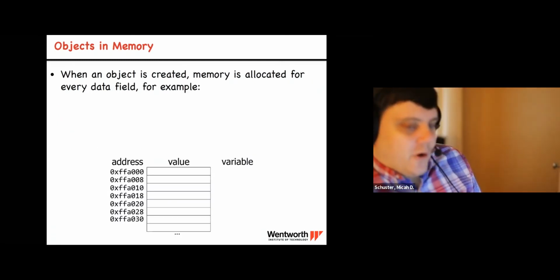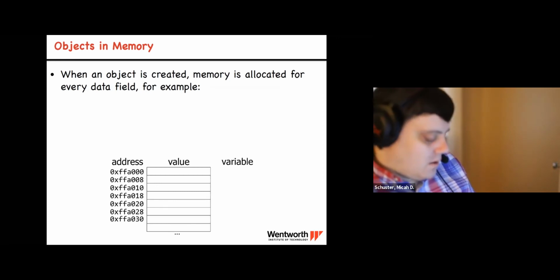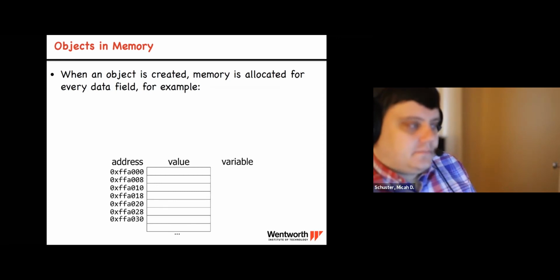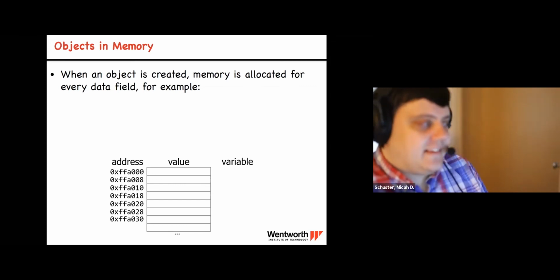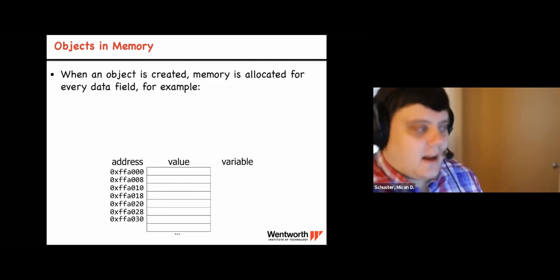And when it comes to memory, we talked a little bit about memory at the beginning of the semester. When you create an object, memory is set aside for every piece of data in that object.